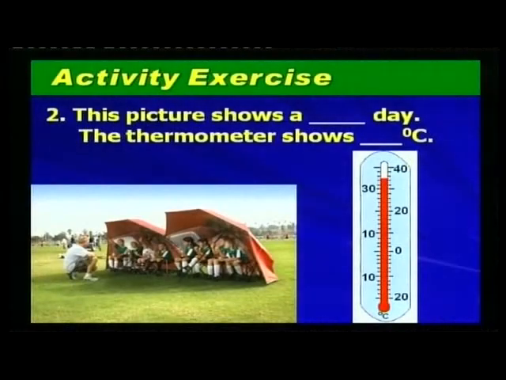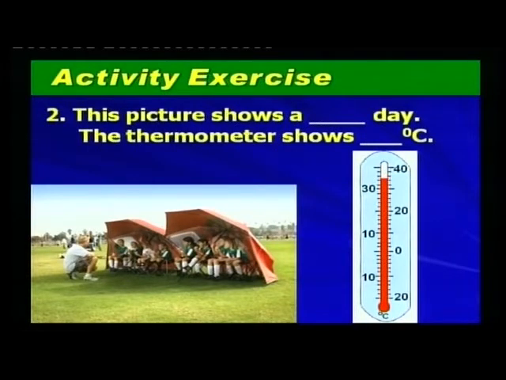Let's have the last one. We are getting there. Let's have Brett. It is 35 degrees Celsius. Okay, it is 35 degrees Celsius. That is the answer that I am looking for.